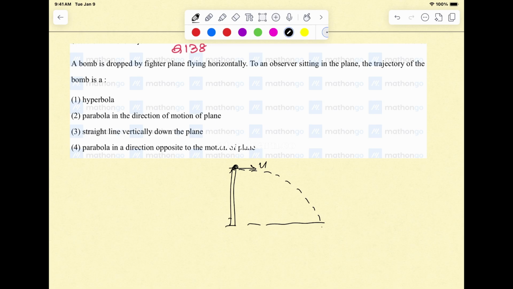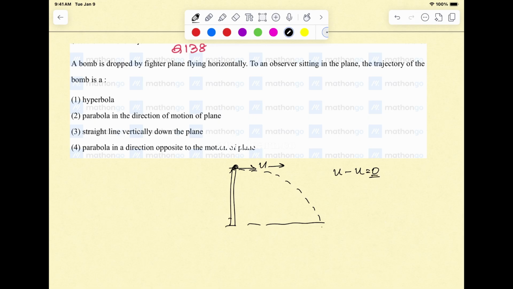At any time, the horizontal velocity of the falling bomb is u, and the reference frame is also moving horizontally with u. Therefore, the relative velocity must be equal to 0.